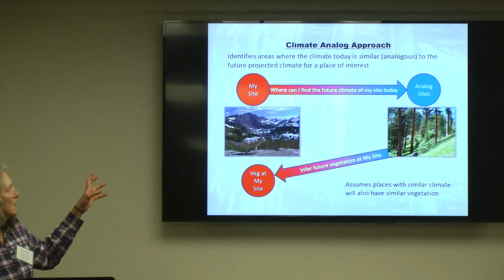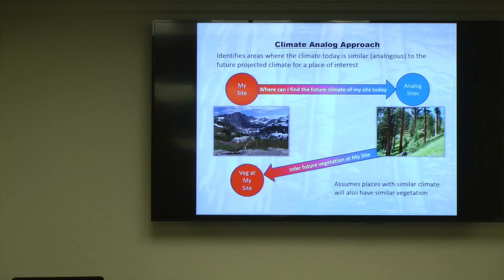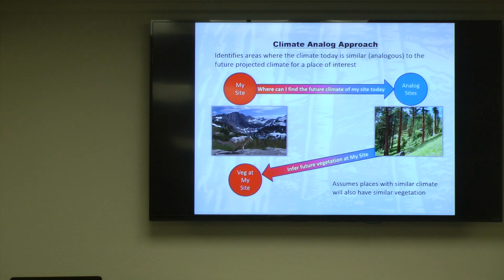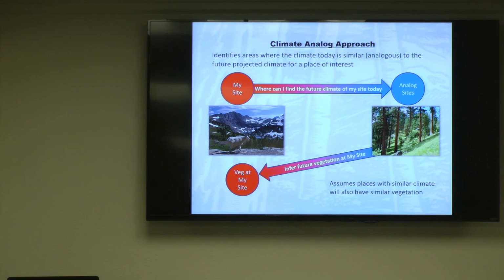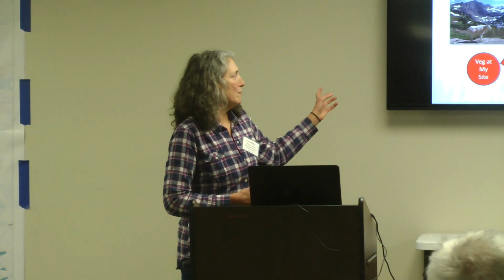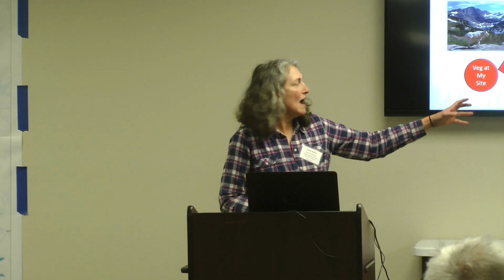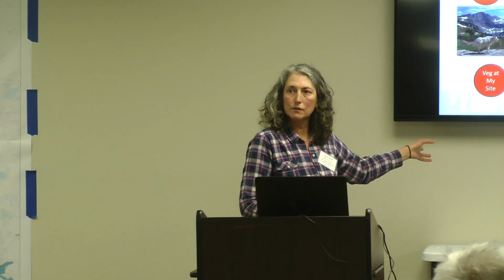So you go about doing this by identifying locations that currently have climate that's similar to the climate that you're projected to have in the future. Then you see what vegetation is there, and you make the inference that, okay, my site might have this kind of vegetation in the future.